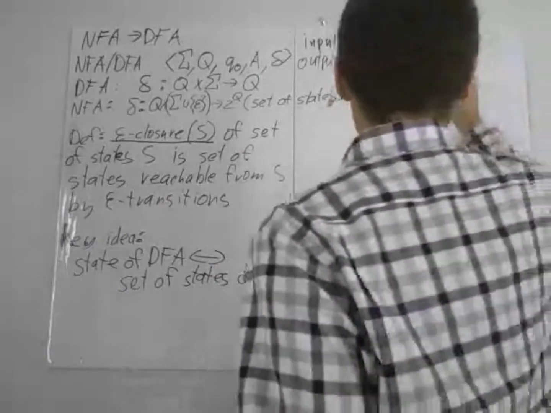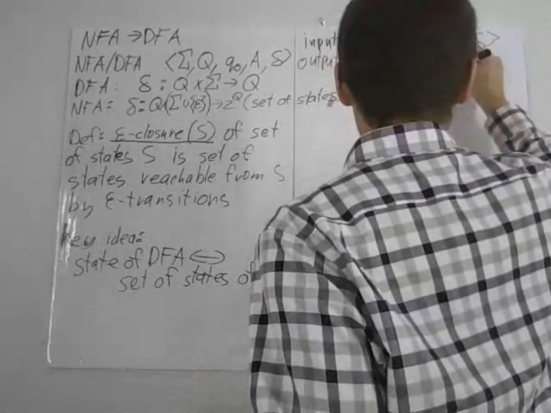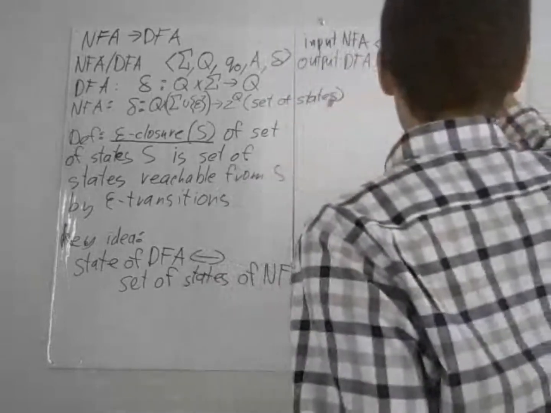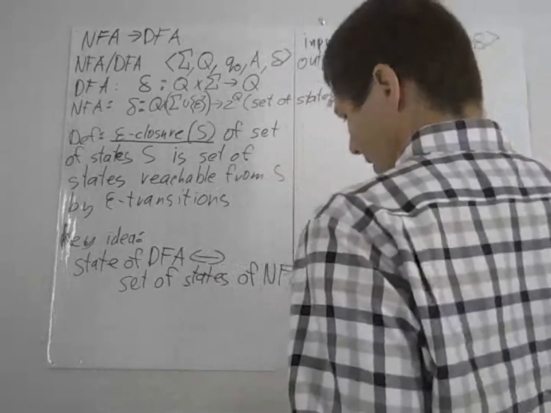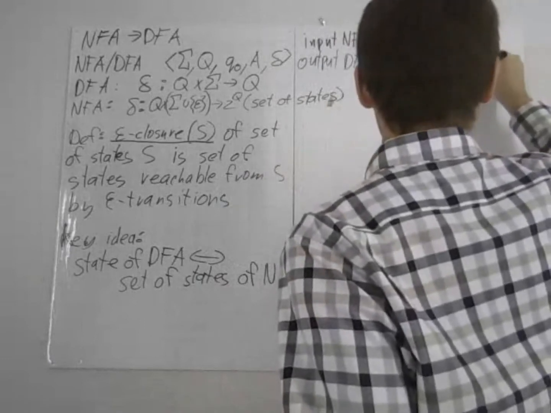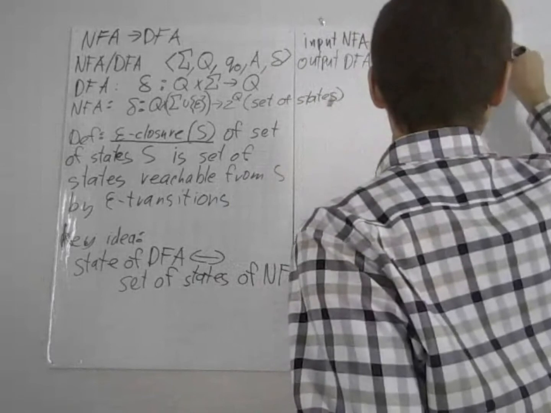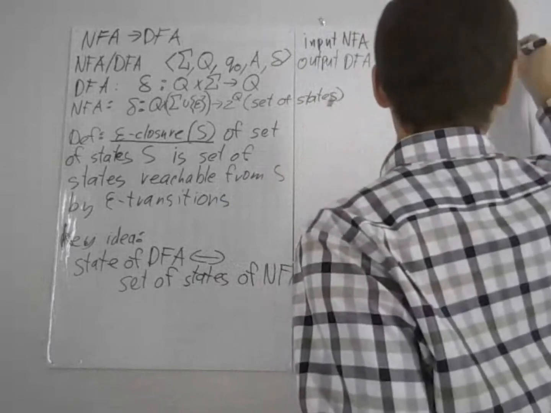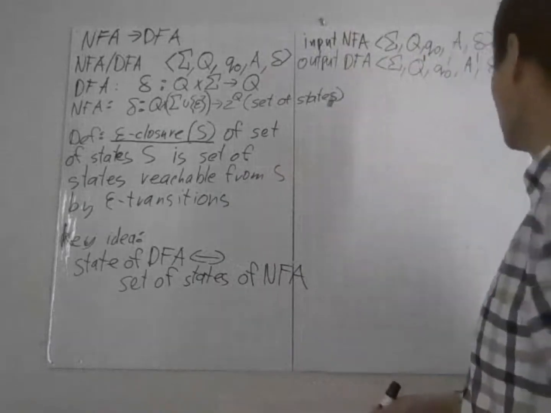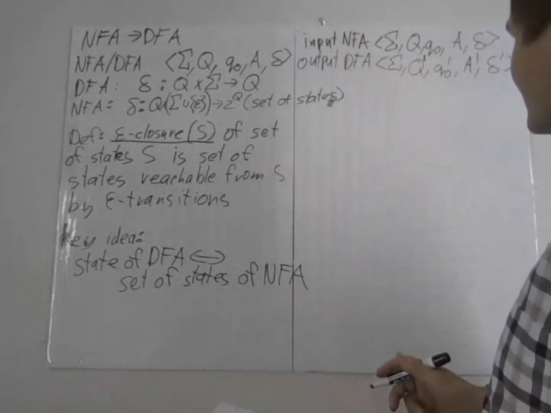So Q prime is going to be the set of states. Q0 prime is going to be the start state. And delta prime is going to be the transition function. Whoops, I guess accepting states first. And then A prime for accepting states and delta prime for the transition function.